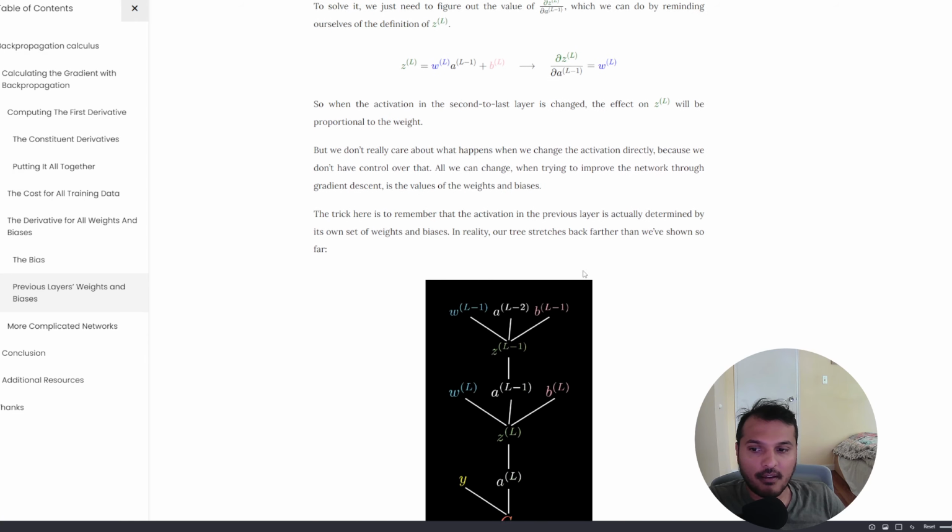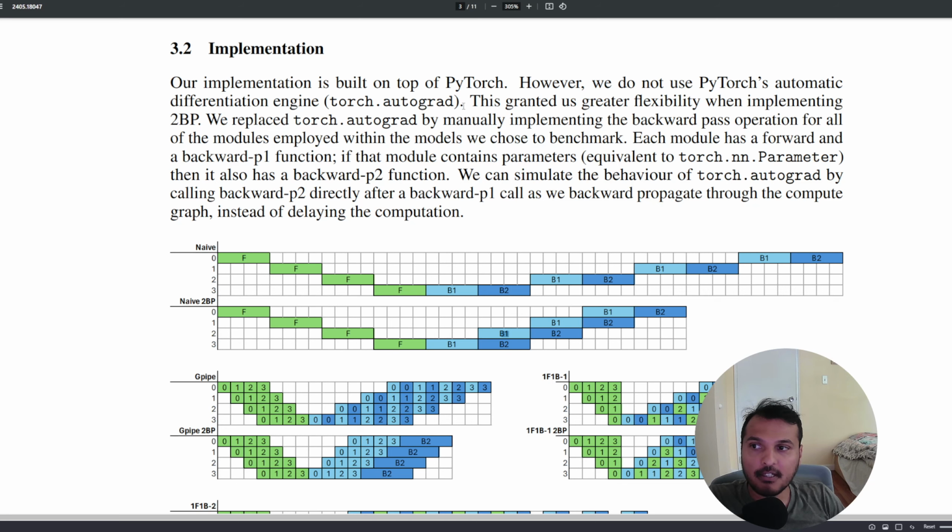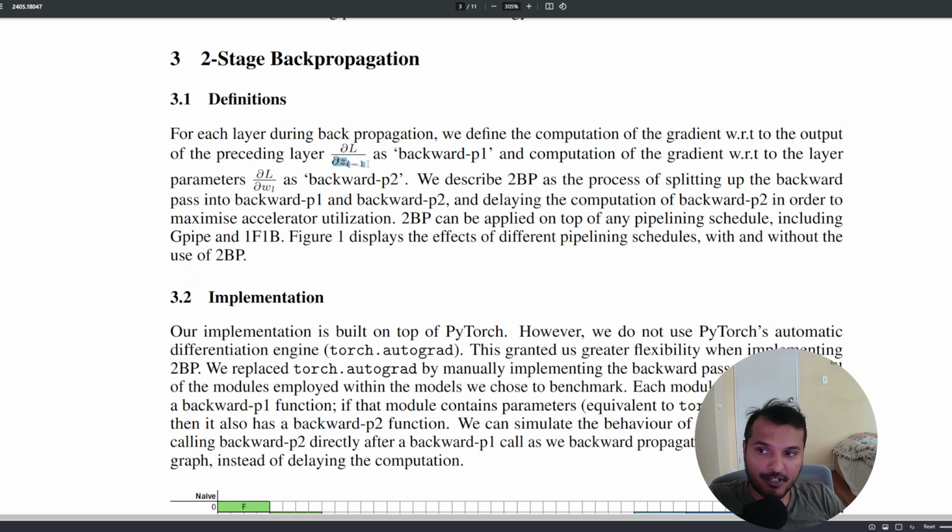So instead of computing this whole thing, if we just compute this part and pass it on to the next GPU, it can start computing its derivatives, while we in parallel can compute this whole thing to get the derivative with respect to weights. And that's why in this paper, they say the derivative can be broken down in terms of your weights and your activations.